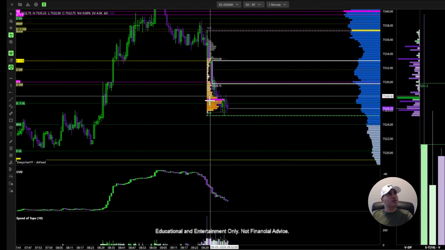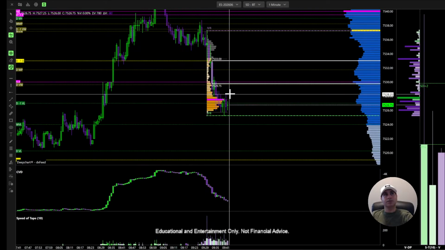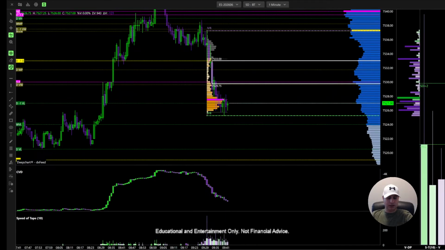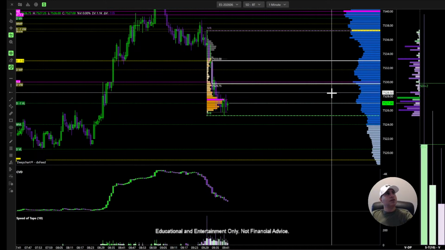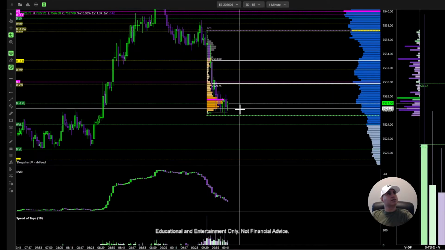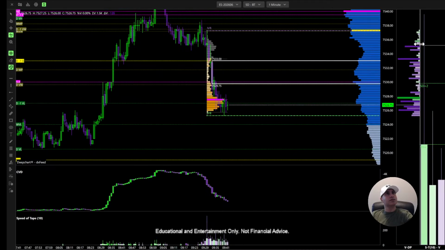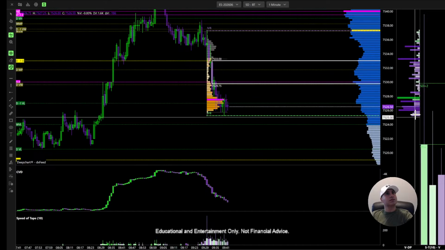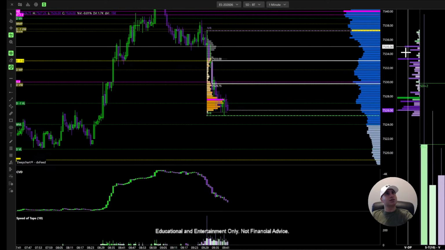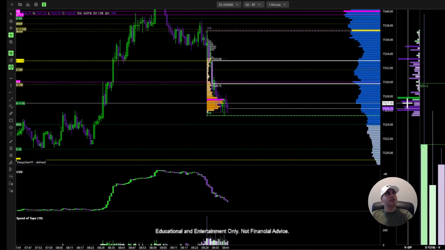So far, the volume profile is shaping here. And we haven't seen any big trades as of yet. The delta profile shows lots of sellers have been active, which is normal.